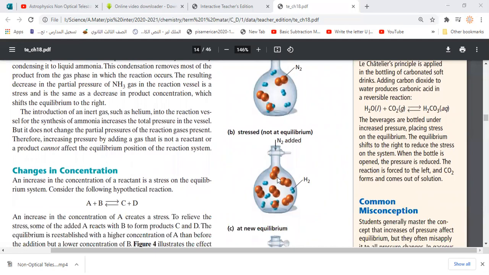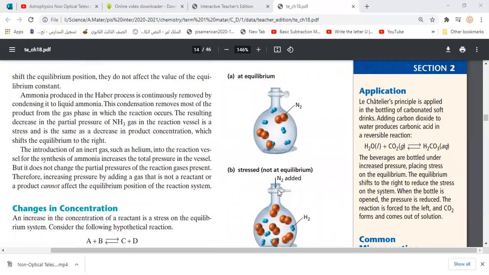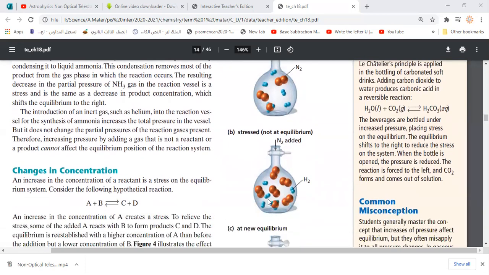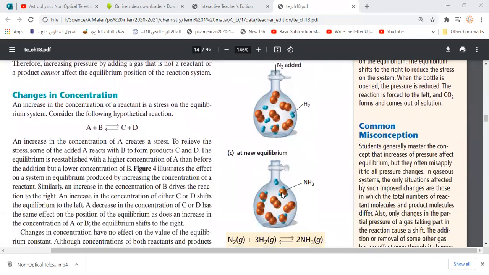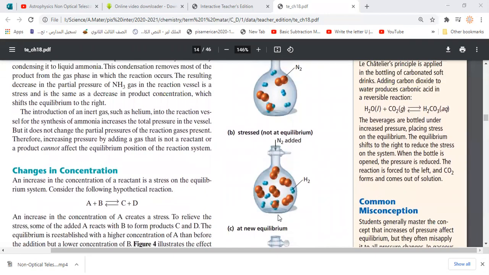Once we stress the system, that means we increase the pressure, we add more nitrogen. So we apply more pressure. As you can see, the particles become more in that container, so they are under pressure, which makes the collision between hydrogen and nitrogen happen faster and leads to the formation of more ammonia. And like this, that's how it's shifted.